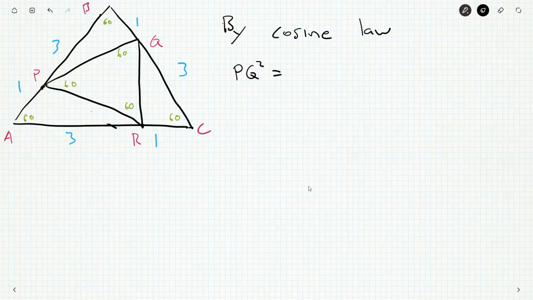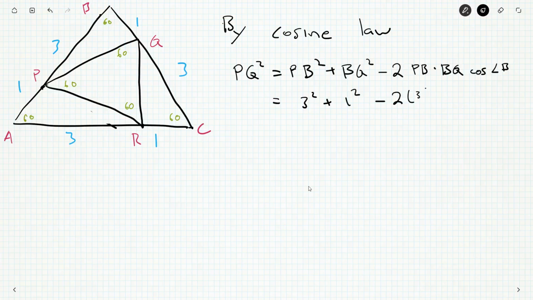PQ squared is PB squared plus BQ squared minus 2 PB BQ cosine of the angle at B, which is 60. So this is 3 squared plus 1 squared minus 2 times 3 times 1 times cosine of 60.